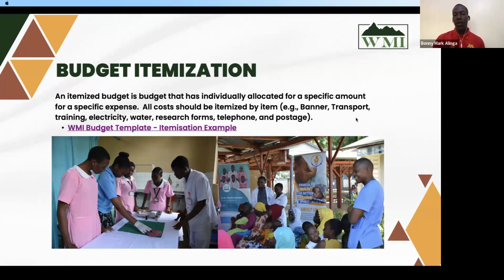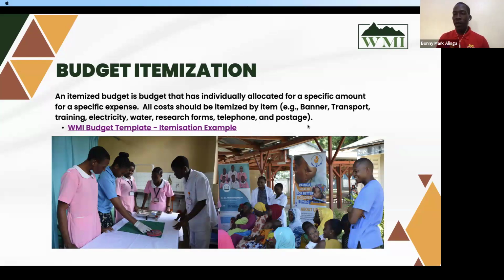Now we go into the expenses, and we look at how we are going to spend these funds that we have realized. Now you see that the project will buy supplies for training sessions, which will take a quantity of 100 packs of paper.